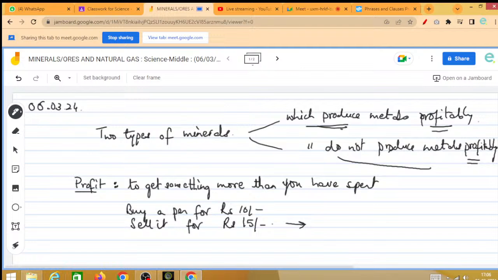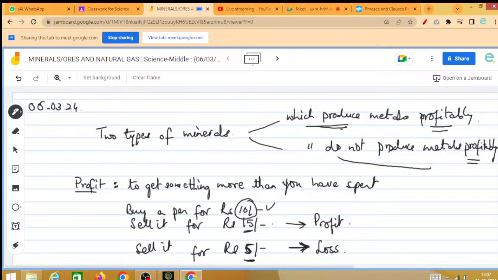Now if I sell it for 5 rupees, what have I made, Harshal? Profit or loss? Buy a pen for 10 rupees, sell it for 5 rupees. Loss? How?